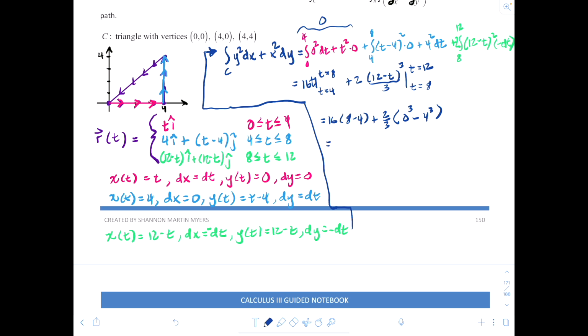So we get 64 minus 2 times 64, which is 128 thirds, which would be equal to 192 minus 128 over 3, and that in turn would equal 64 thirds.